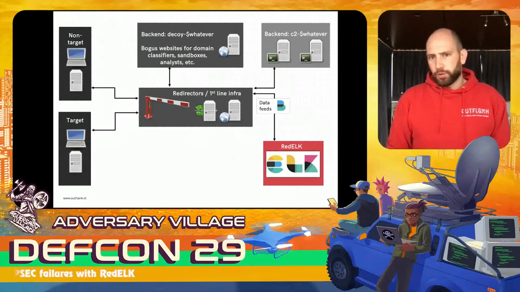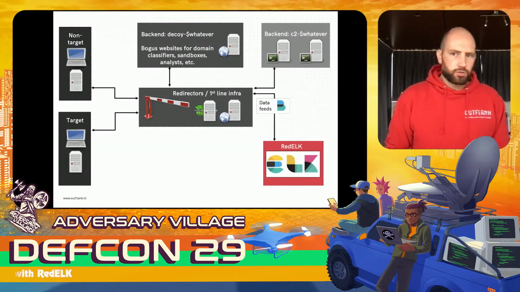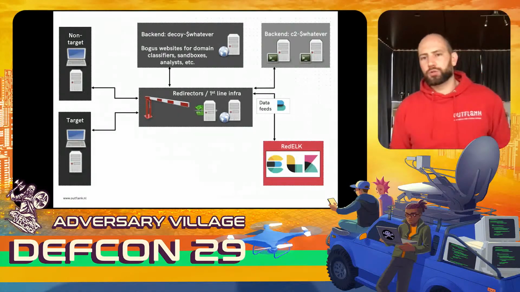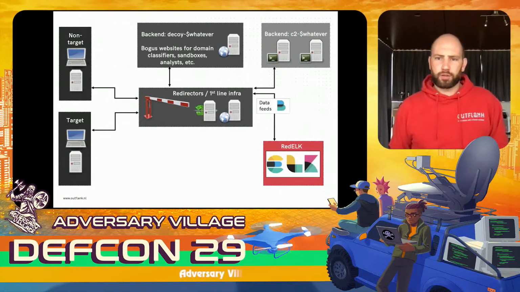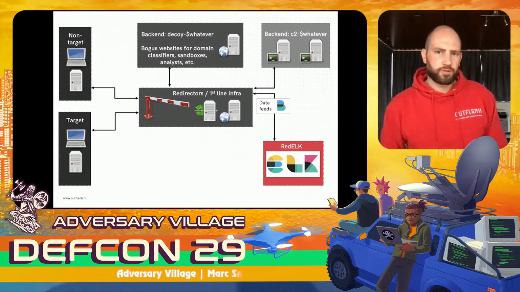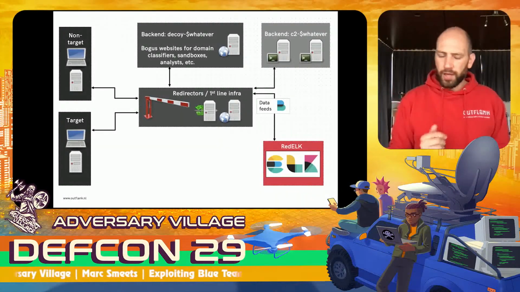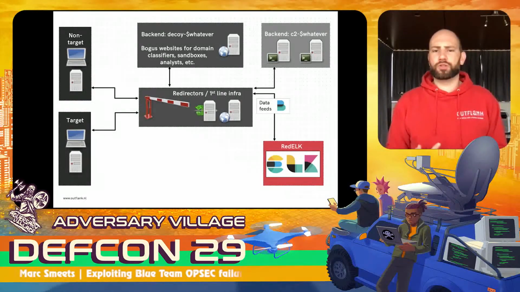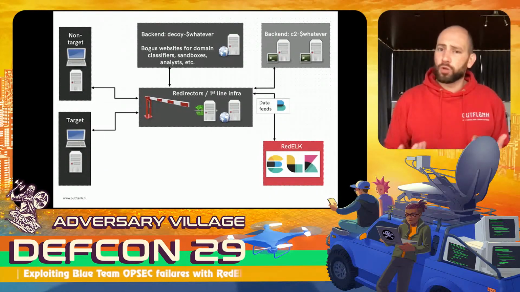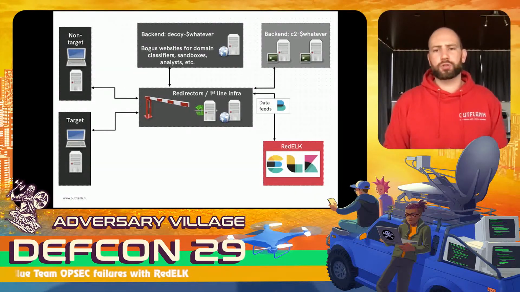The logs that are being put out by HAProxy or Apache or Nginx or whatever reverse proxy you use are being ingested by RedELK, and you saw them in the interface. But for RedELK it's important to have the proper logging. So when you do the installation, you actually need to change the logging of your reverse proxy tooling.